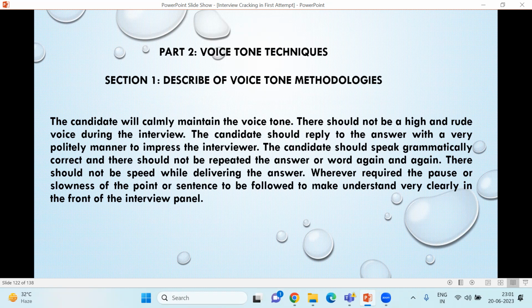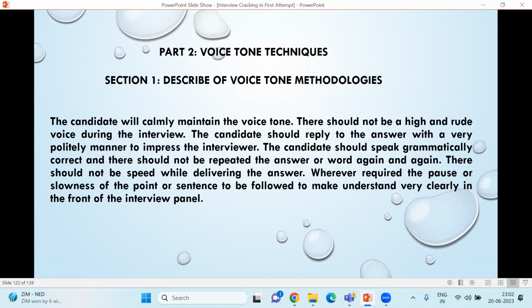Once the interview panel sees that the candidate is in a hurry or is trying to skip the correct answers of the subject or topic, it will impact the candidate, which can lead to rejection by the interview panel. So tone technique is the process of delivering your speech very calmly and in a very polite manner to impress the interviewer.